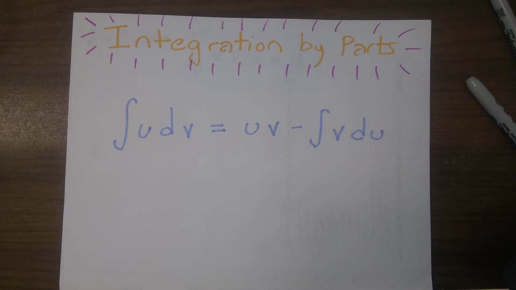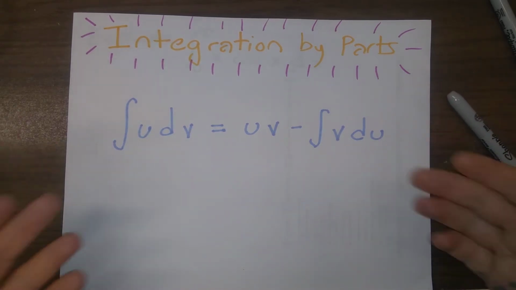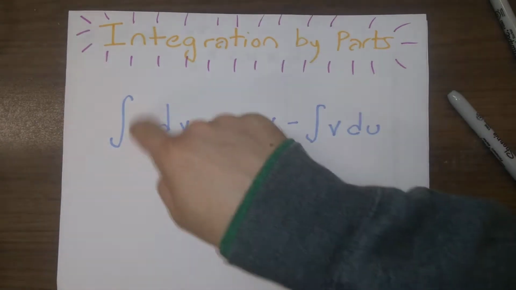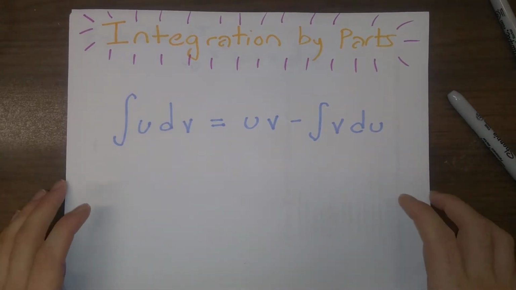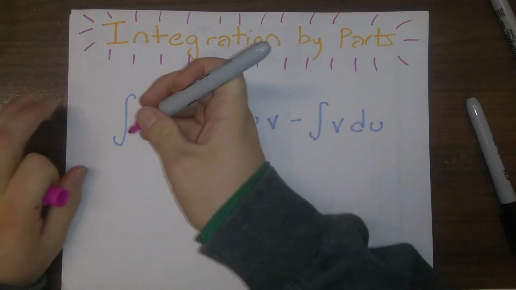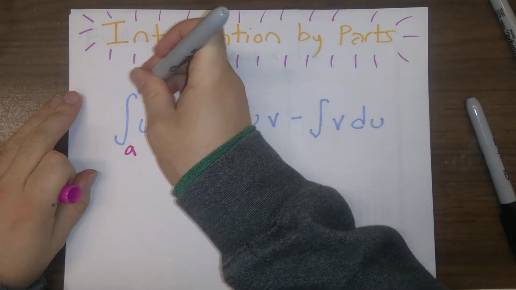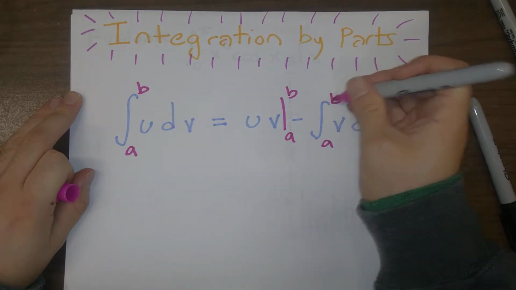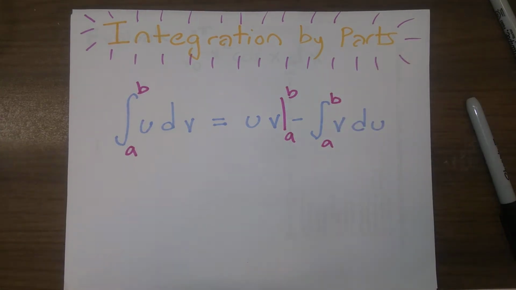The other interesting twist is that we're going to observe that, so here is our integration by parts formula. It's written out in terms of indefinite integrals. There's no bounds on the integrals here. But as it turns out, we can very easily change this so that this is now true for definite integrals as well.